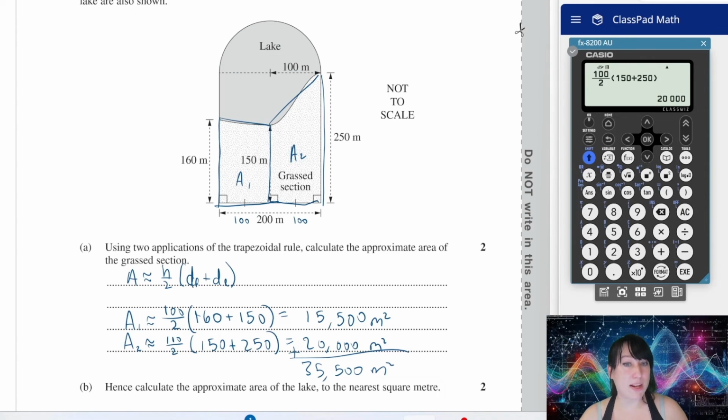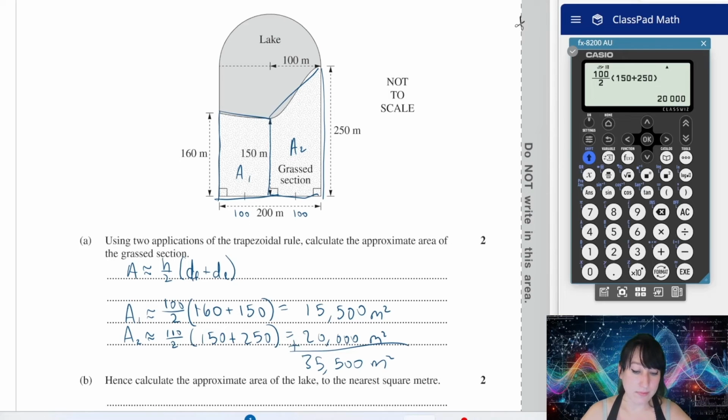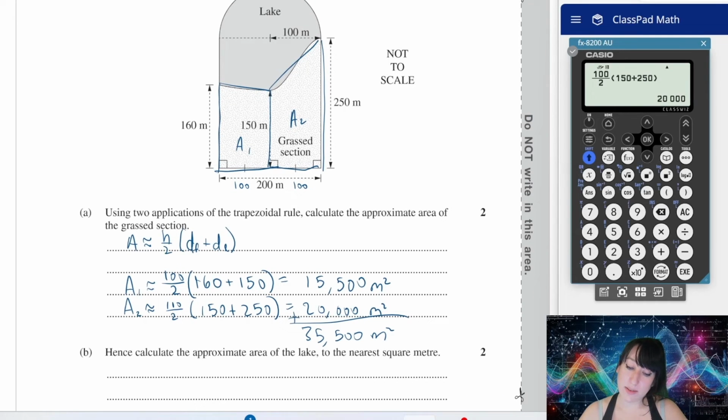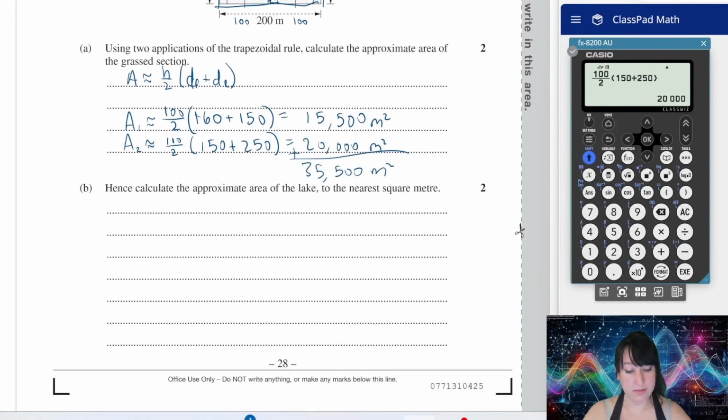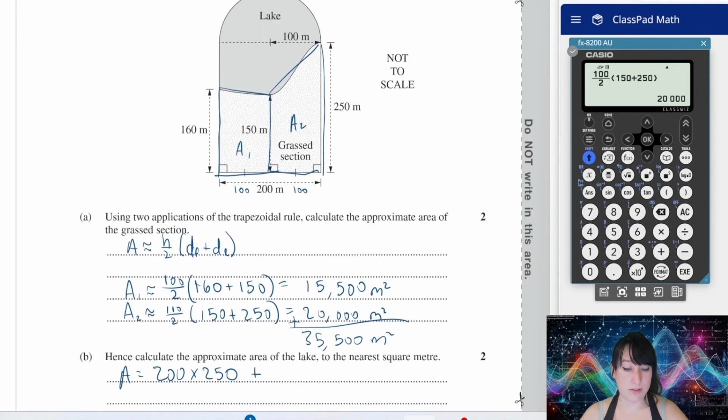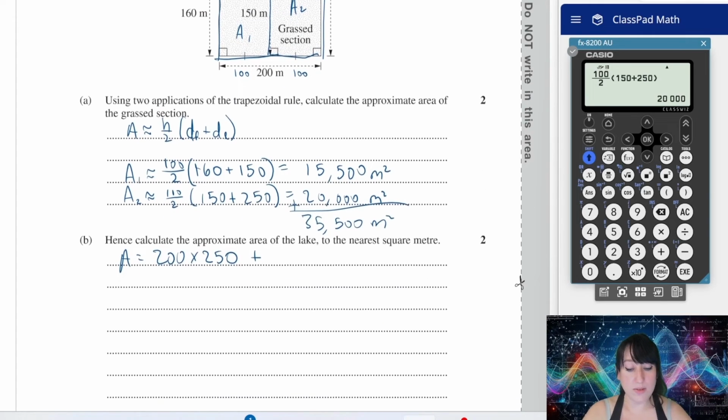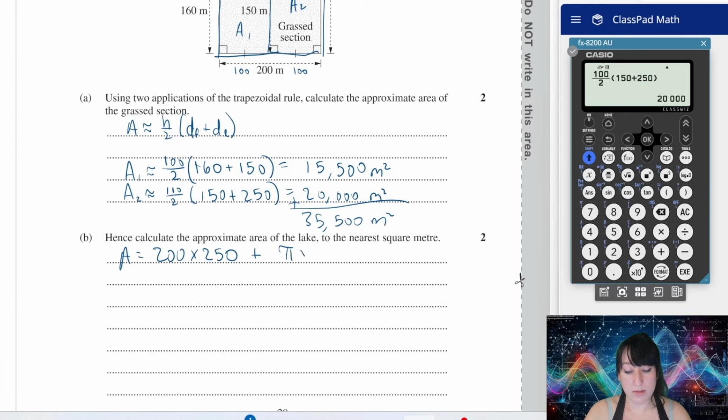To get the approximate area of the lake, we're going to find the area of that entire shape, rectangle plus semicircle, and subtract the area we found in part A. So the rectangle there is 200 by 250. And the semicircle has a radius of 100. So we can use pi r squared, pi times 100 squared. And we need a half circle, so we could divide by 2, or you could times by a half.